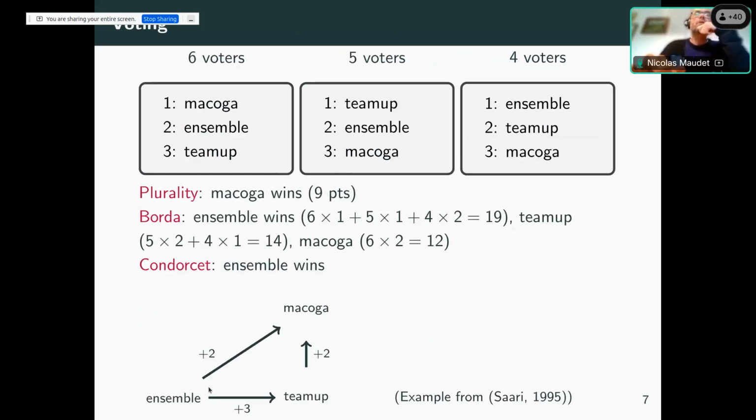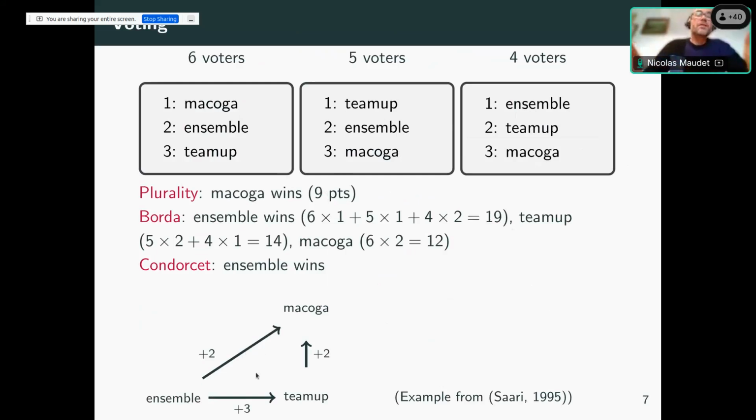So for instance, Ensemble has a majority of 2 when compared to Makoga, because Makoga wins 6 times here, but there are 9 votes where Ensemble is above Makoga, giving you, that should be a 3, I guess, majority. But you have a majority graph like that.